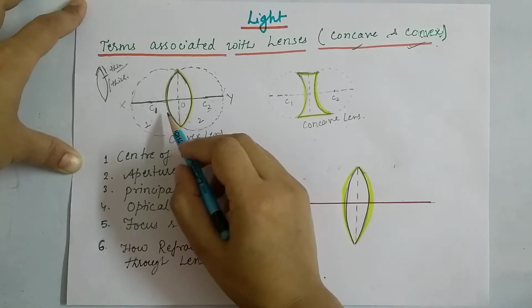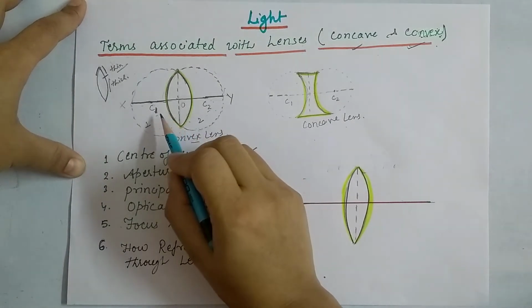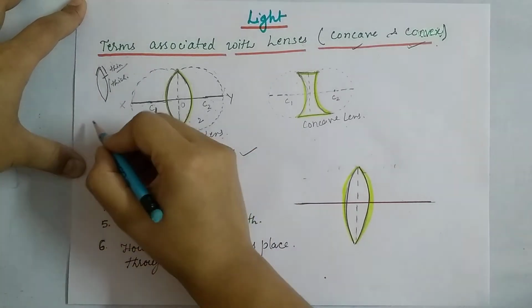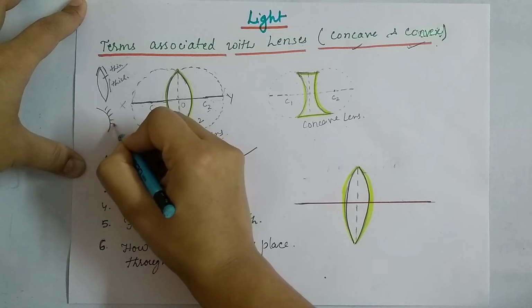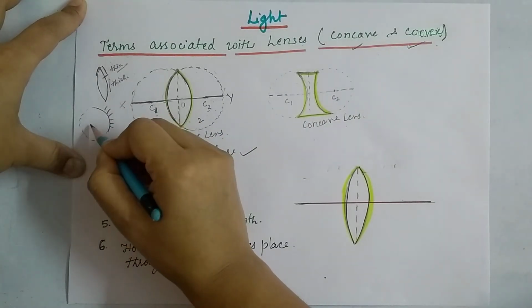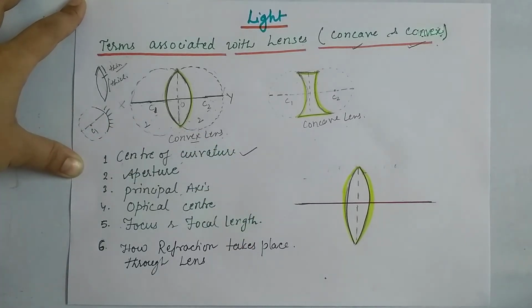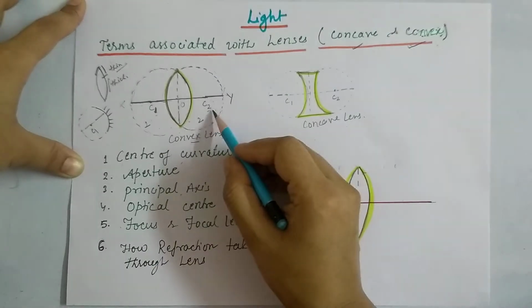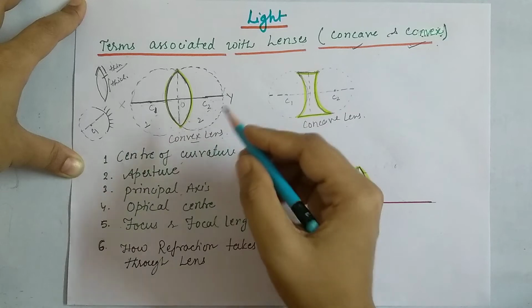Now here you are seeing that in the mirror you will find only one center of curvature. Just take a recap: when we form a concave mirror from one sphere, then we find only one center of curvature. But in lenses you will find two centers of curvature. And why two centers of curvature?